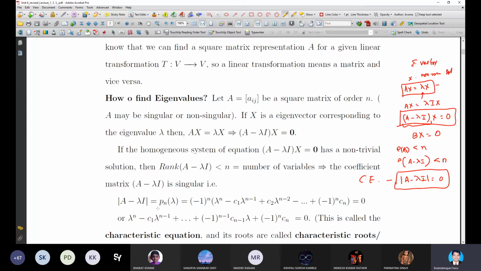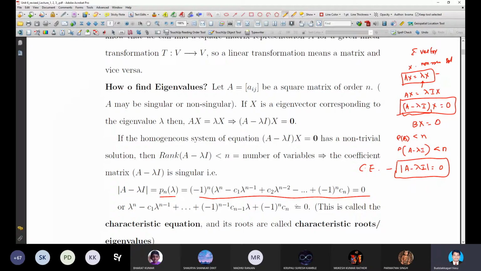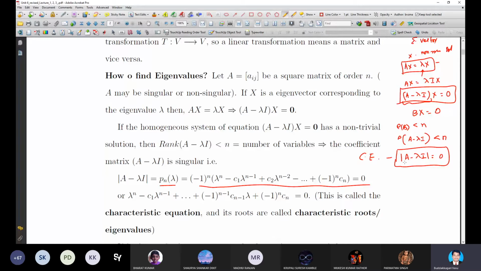This is the characteristic equation, a polynomial in lambda of degree n, so it has n roots: lambda 1, lambda 2, and so on up to lambda n.